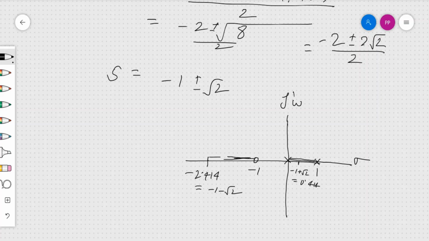So we understand that up to here the loci will be there with arrow like this, because it will be terminating at zero, then loci will be evolving like this, and the breakaway is like this. So if we investigate further, we will understand that the point where the root locus is crossing the imaginary axis plays a vital role in this problem solving.